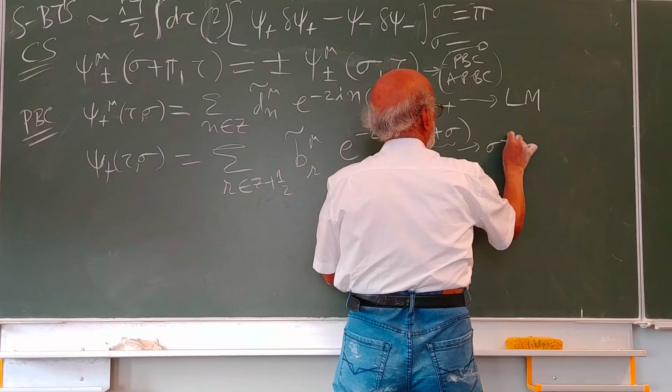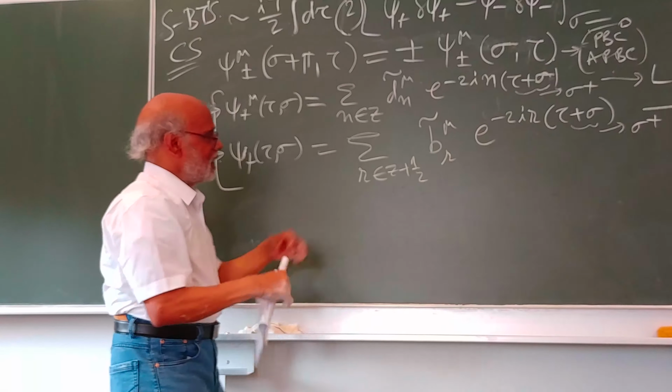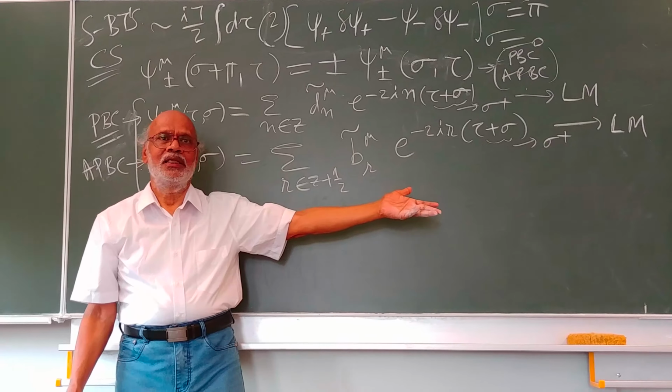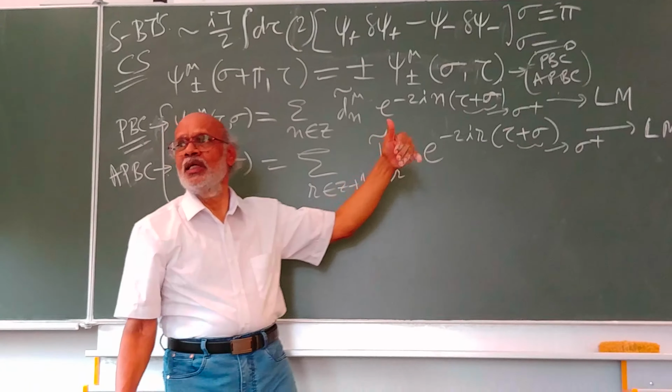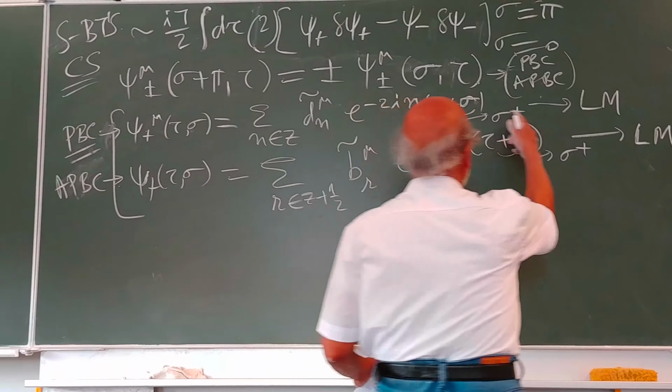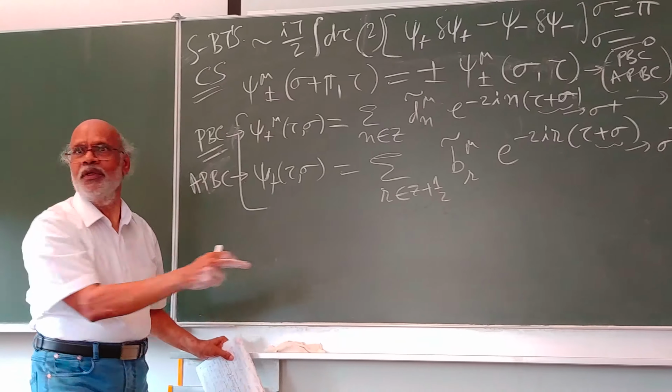So this or this: this corresponds to the periodic, and this corresponds to the anti-periodic. As I said before, this r would be a half integer. r would take half integer values, 1/2, 3/2, 5/2, and so on, whereas n would take integer values 0, 1, 2, 3, and so on. And both of them are left movers, one for the periodic, one for the anti-periodic.